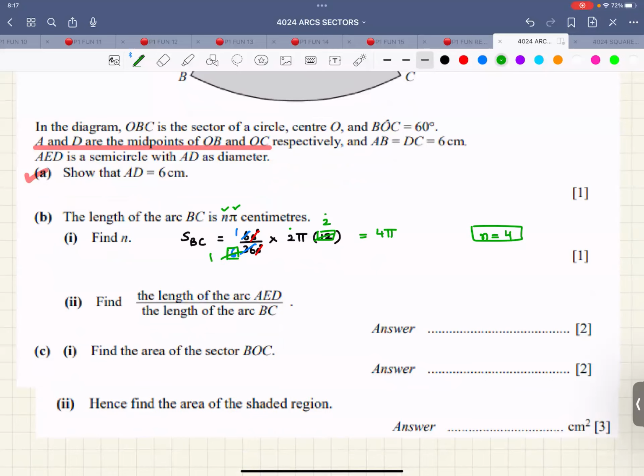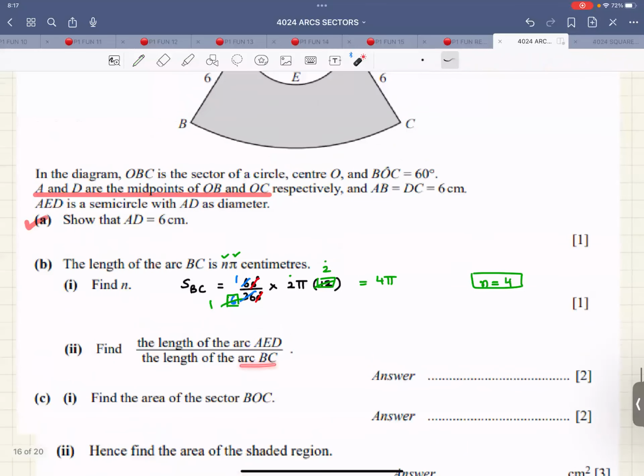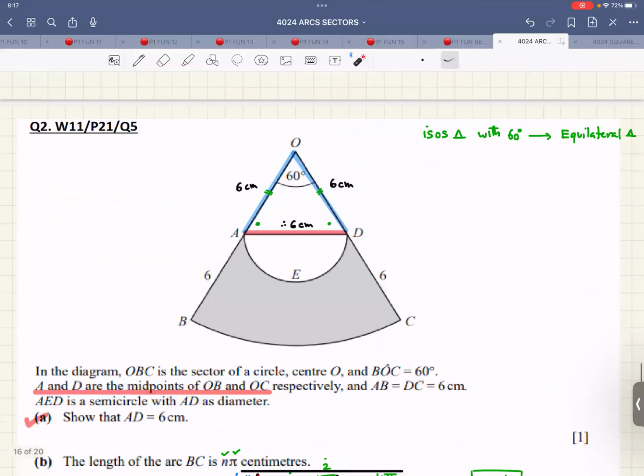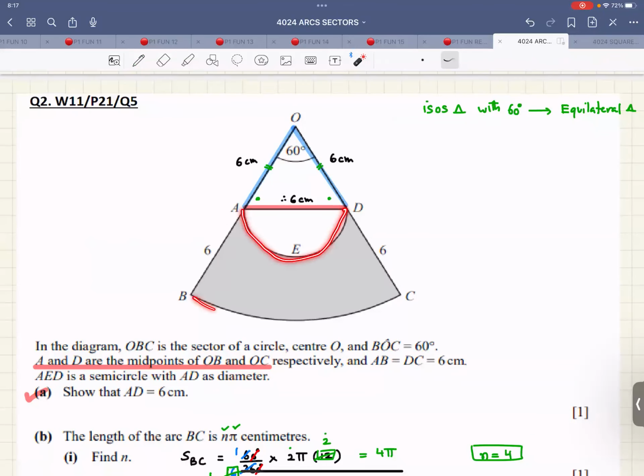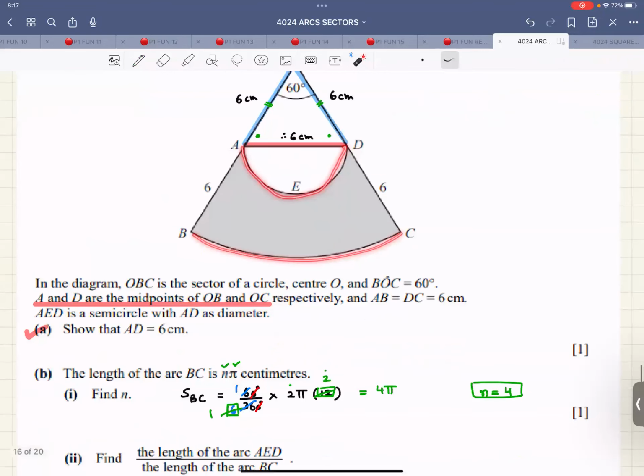Now, even though it's a paper 2 question, it looks like a paper 1 question. Now it says, find the ratio of the length of the arc AED to the length of arc BC. So AED is this much and BC is this much.